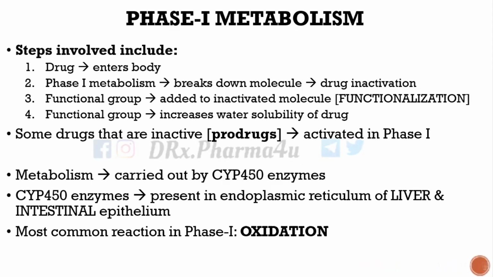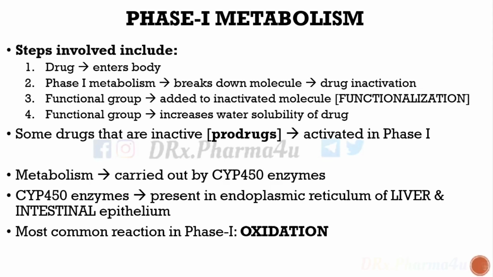It is a prodrug. Then we have isoniazid, a medicine used in tuberculosis. When it enters into the body and gets metabolized, it gets converted into the active form, which shows its anti-tubercular activity. So all those medicines which are prodrugs have good application in phase 1 metabolism.